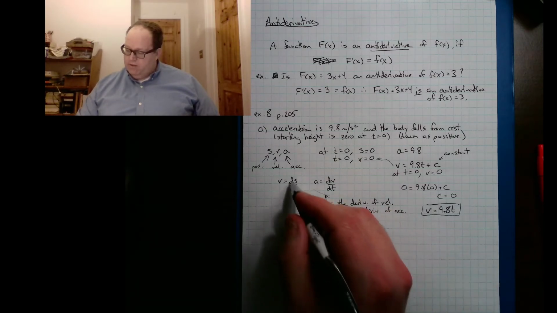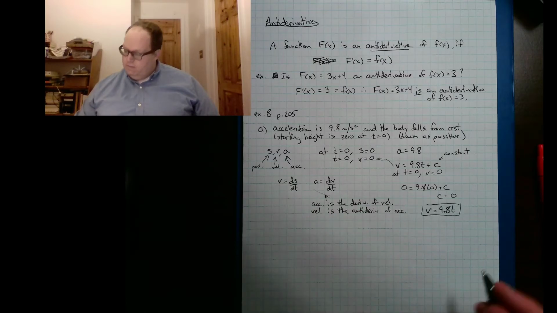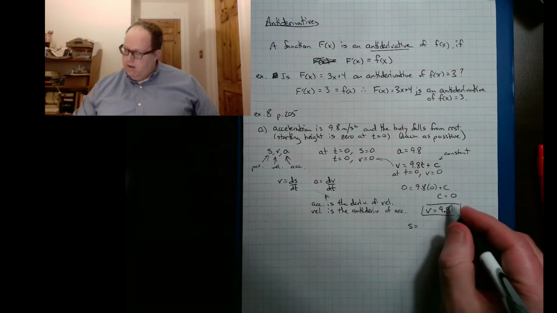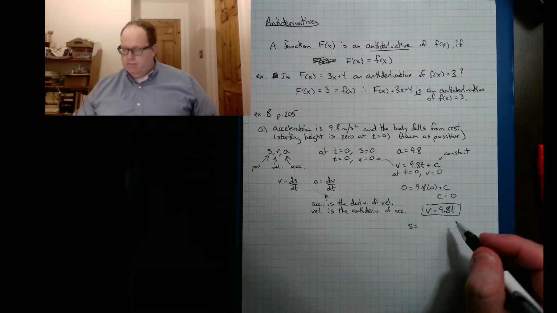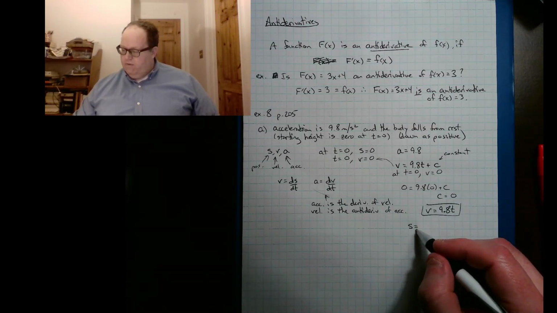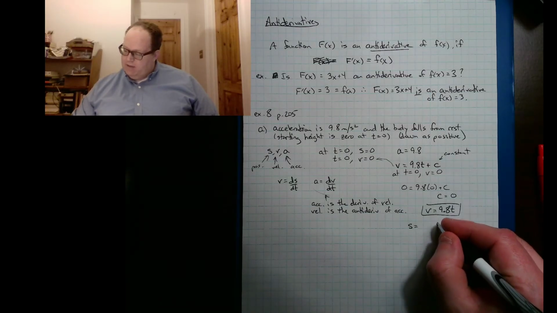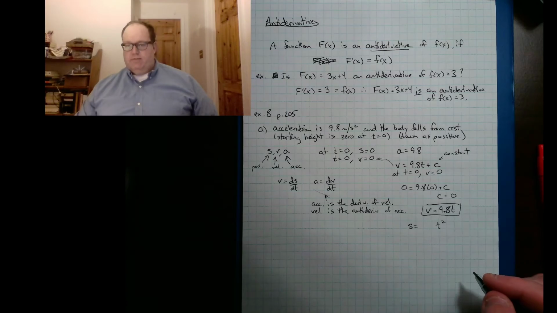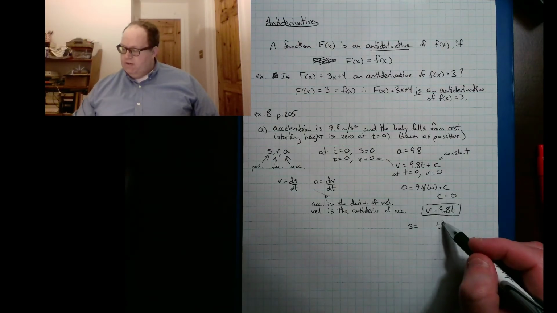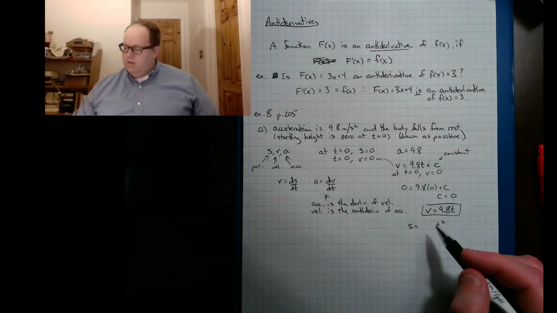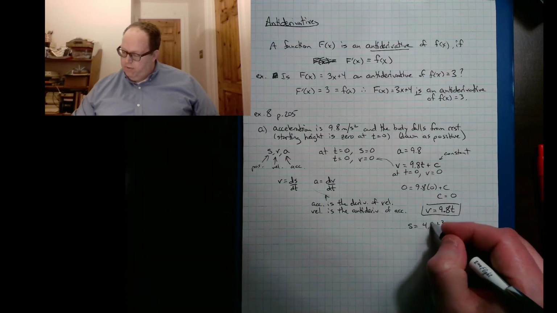Now, I can have the same sort of relationship between position and velocity. My antiderivative of this statement, and this one gets a little trickier, but my derivative of s has got to end up being 9.8t. That means s has got to have a t squared in it. But when I take a derivative of this, I'm going to bring a 2 down. So 2 times what would give me 9.8, and that's going to be 4.9.